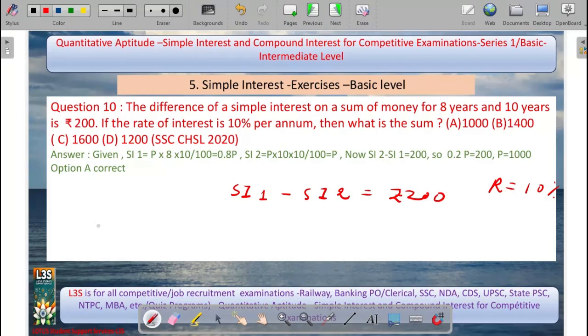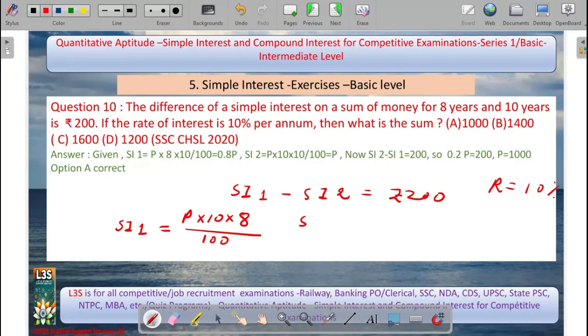So in the first scenario, SI1 is equal to P is same, so R is 10, then T is 8, by 100.